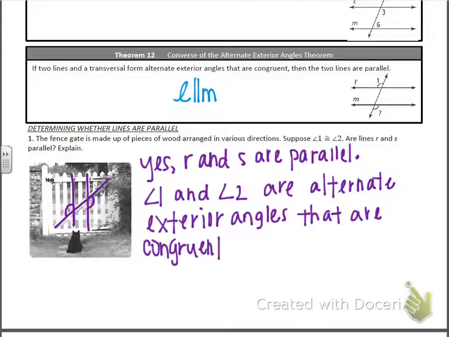And then I want you to explain the theorem. So we're going to name the theorem and then explain what it says.